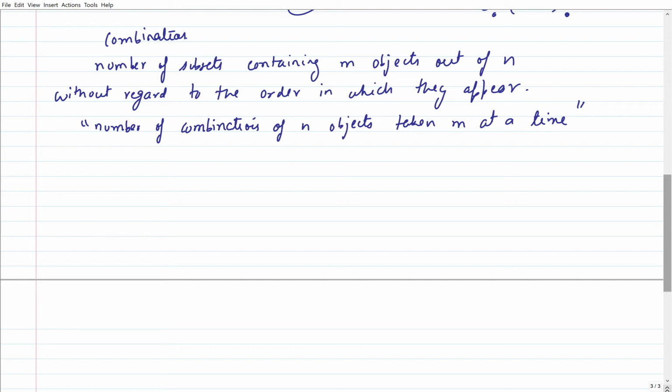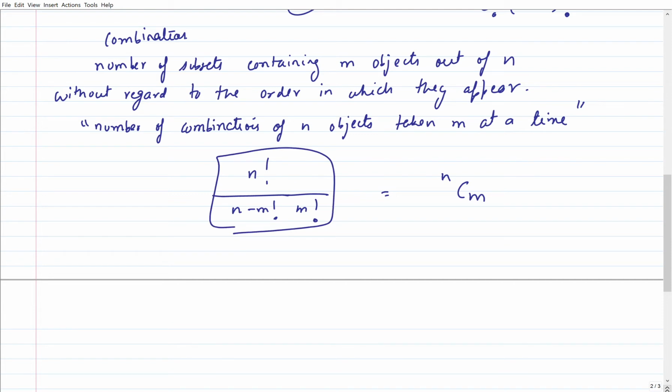Well, we would divide the above result, n factorial over n minus m factorial, by m factorial, because that's going to take care of the different arrangements of the same group of m objects chosen. So that turns out to be what is known as n choose m, which is this guy, also known as the binomial coefficient.